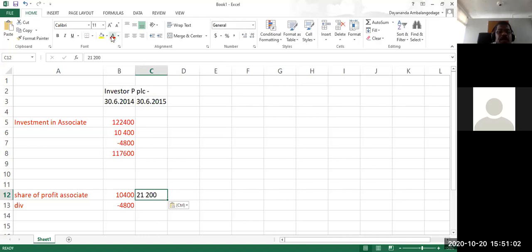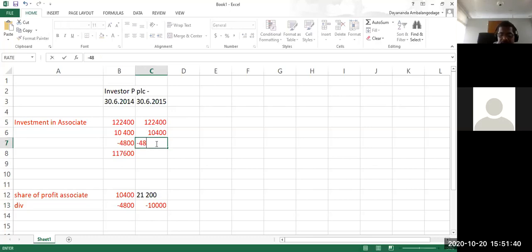Can you remember how you took it? Yes. Then the dividend is 10,000. So what happened? You start with 122,400, and you have to put the same entry plus these two: 10,400 minus 4,800.